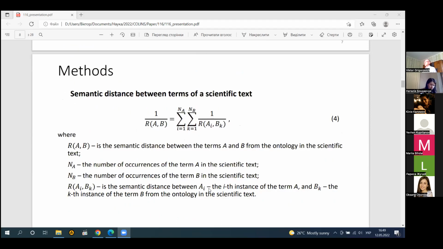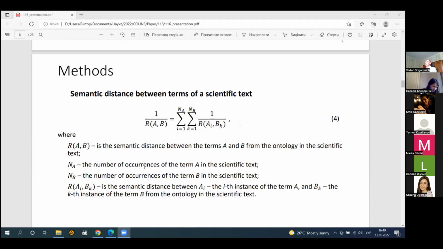The semantic distance between terms of scientific text is defined as shown in formula 4, where R from A to B is the semantic distance between the terms A and B from the ontology in the scientific text.